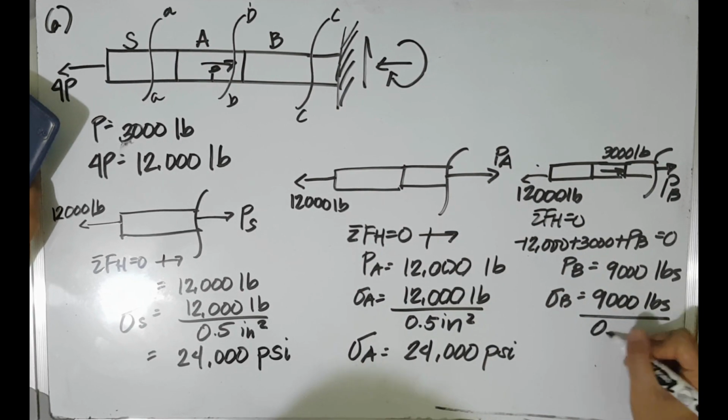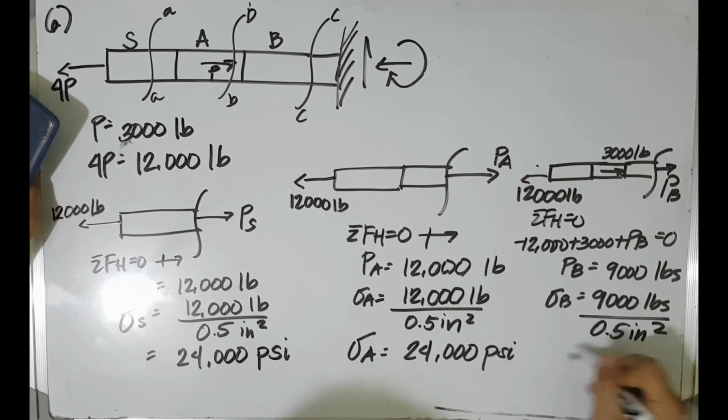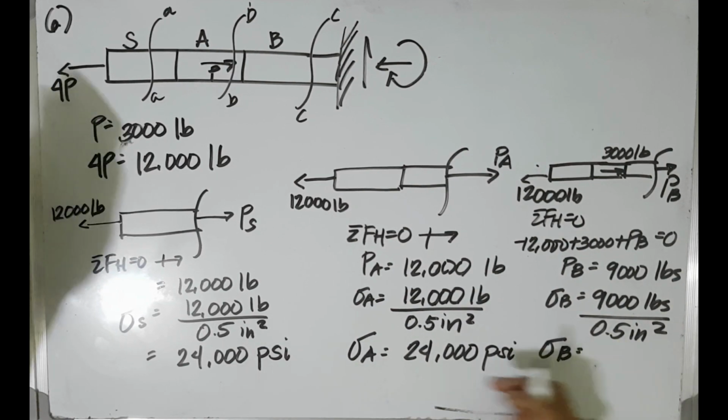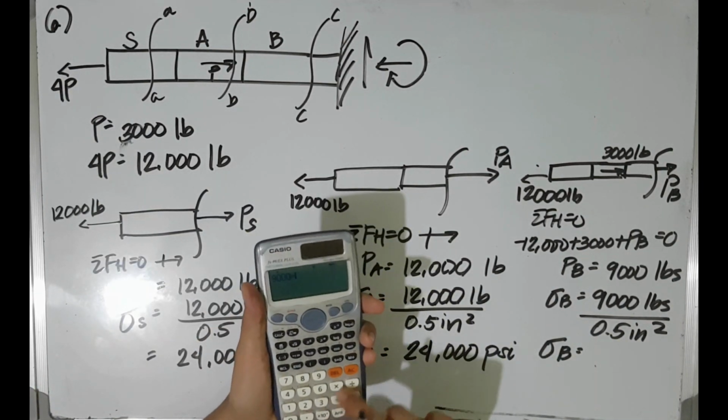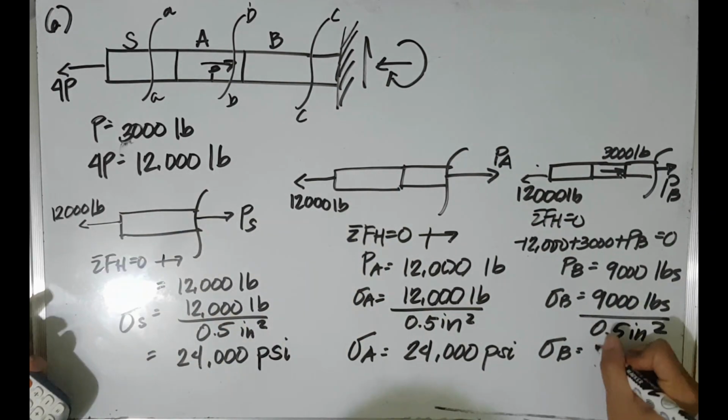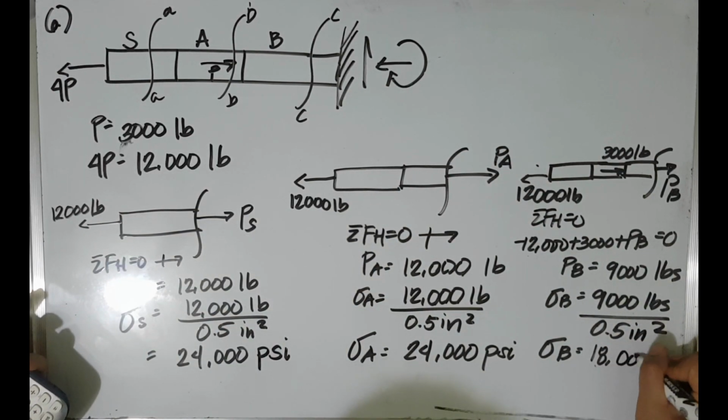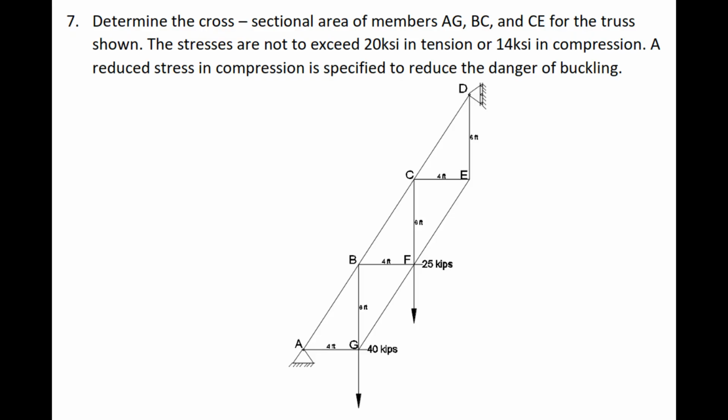And then the stress is equal to 9,000 divided by 0.5 square inches. Therefore, it is equal to 18,000 pounds per inch.